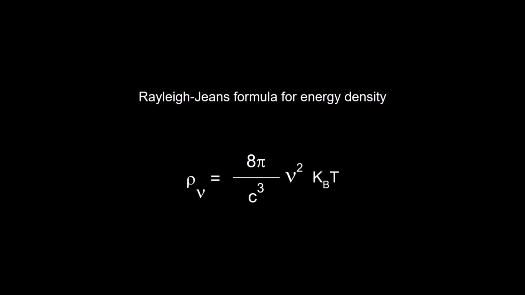The Rayleigh-Jeans law states that the energy density of blackbody radiation can be estimated as a function of frequency, which changes with the square of that frequency.